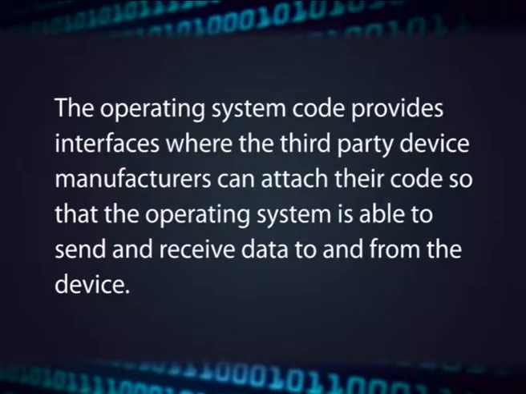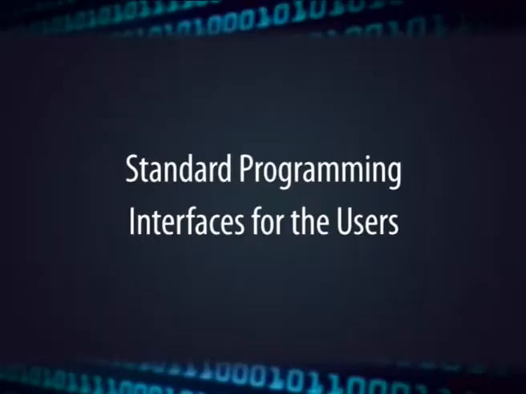The operating system code provides interfaces where third party device manufacturers can attach their code so that the operating system is able to send and receive data to and from the device. The piece of code written by the device manufacturer providing the above functionality is called a device driver.